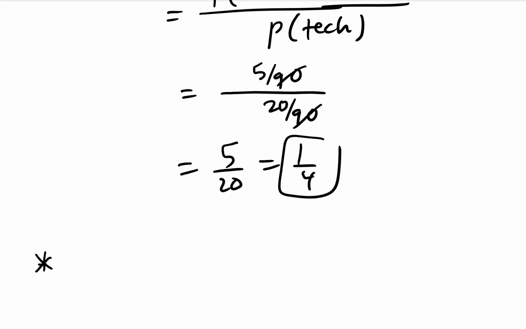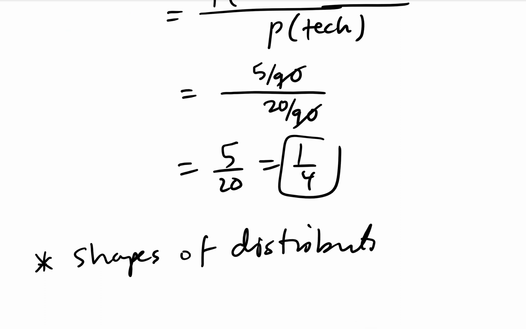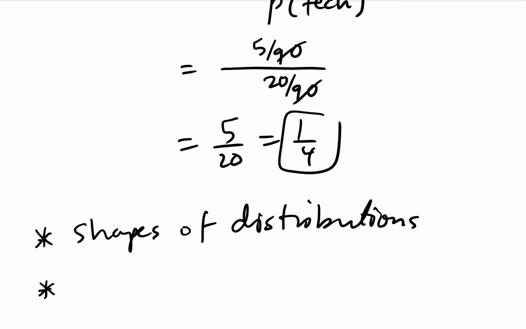Make sure you know the shapes of distribution, like bell shape, skewed to the right, skewed to the left, uniform. Make sure you know the sampling techniques.